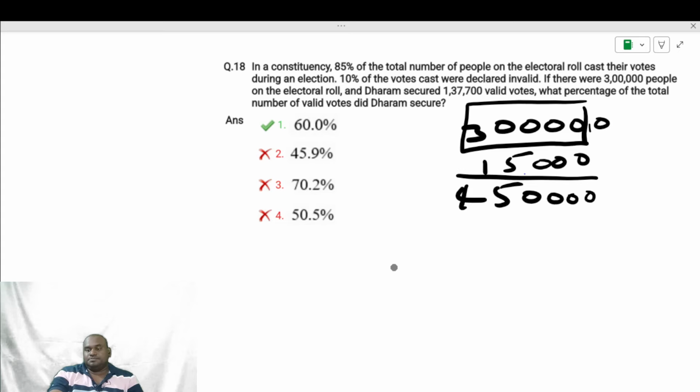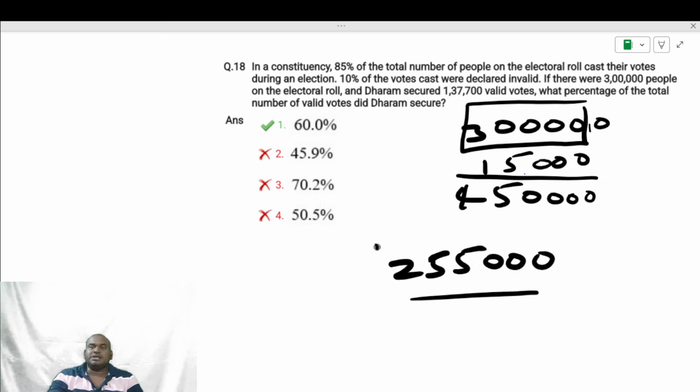These are the votes polled, out of which 10% is invalid. 10% of 2 lakh 55,000 is 25,500 invalid.